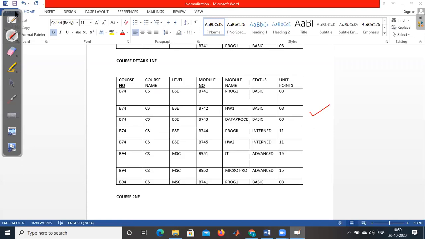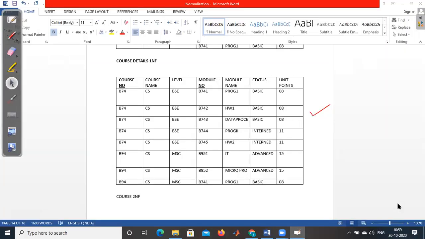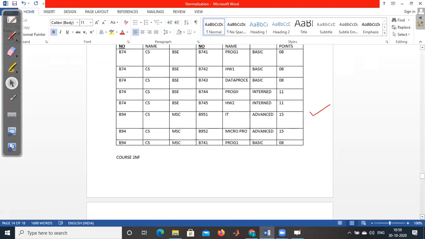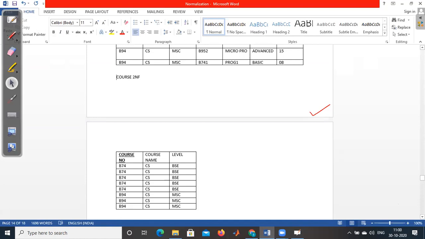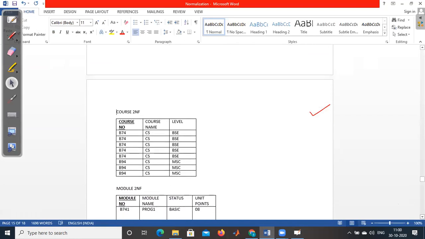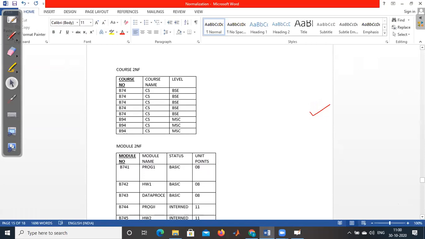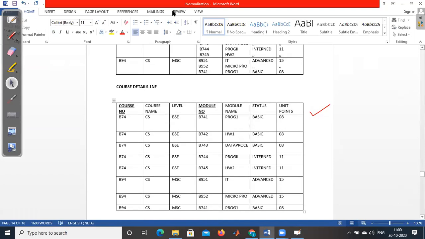Okay, so next one is the second normal form. We'll see what we mean by second normal form.